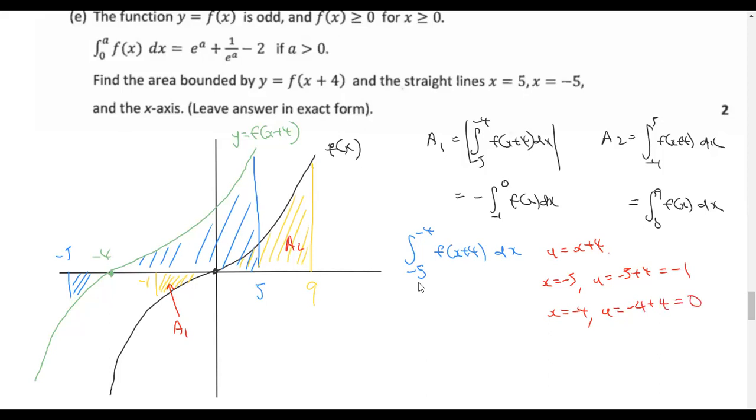So this integral will go from -1 to 0, and you'll get f of u. Of course you also need to work out du. du dx equals 1, which means du and dx are the same, meaning you'll get f of u du, which, u is just a variable that you're going to sub numbers into, so it's no different to f of x dx, the same thing.